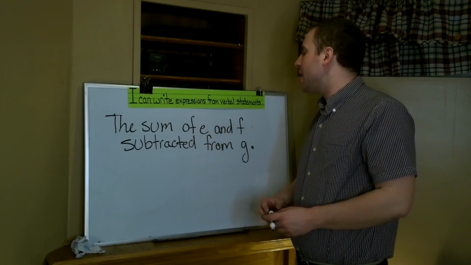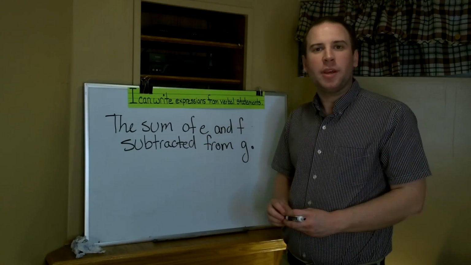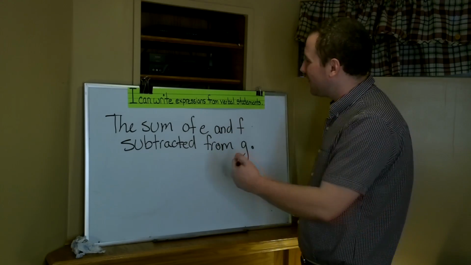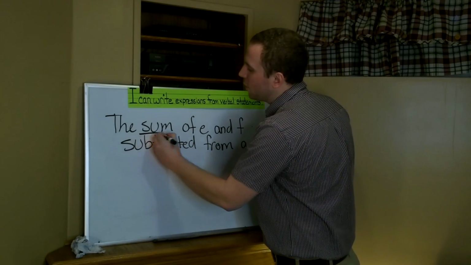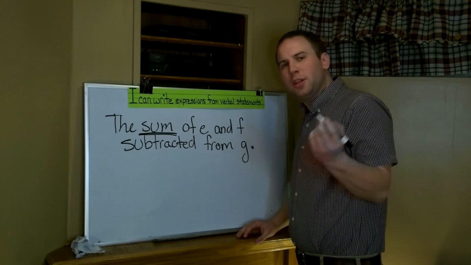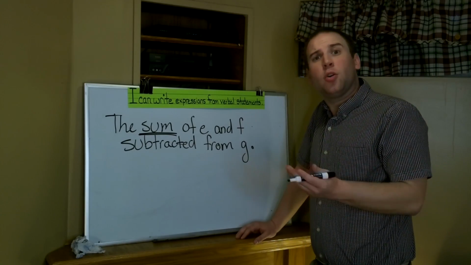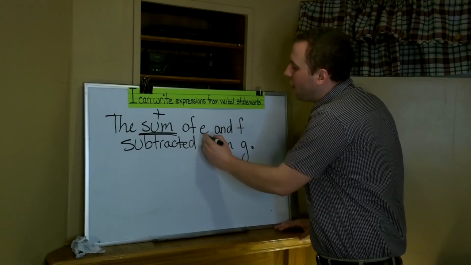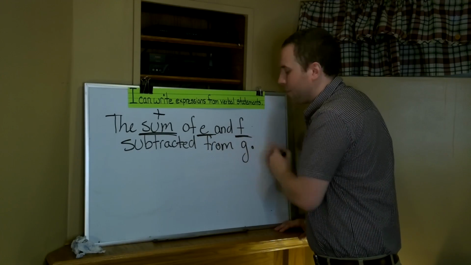The sum of E and F subtracted from G. All right, let's go ahead and solve it. So looking at our first word here, sum. What does the word sum mean? Correct, it means addition.